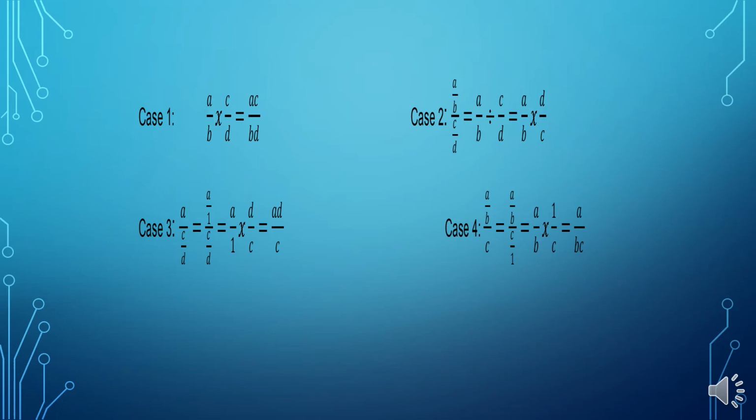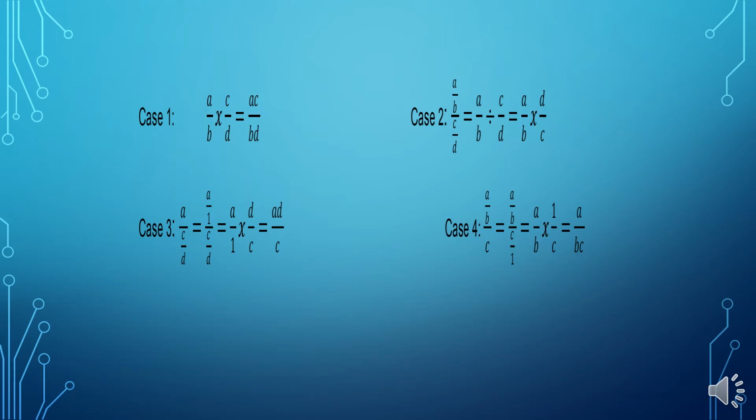Just put 1 as our denominator. So it will become A over 1, because any whole number has a denominator of 1.